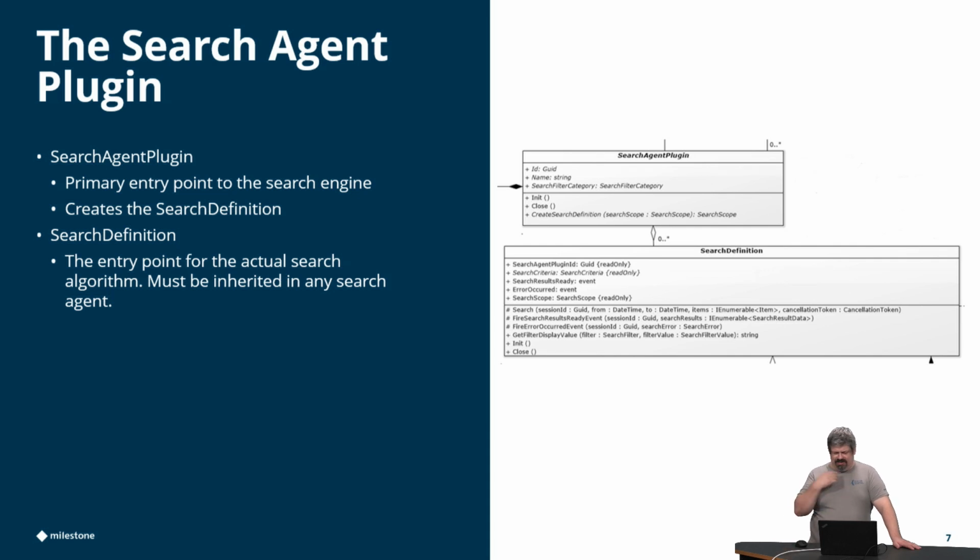Obviously, because that is where you will actually be using your custom search algorithm that does the actual search. So the search agent plugin is your main entry point for how to get into your search engine, and creates a search definition, which is an entry point for the actual search algorithm. That must be inherited in any search agent.